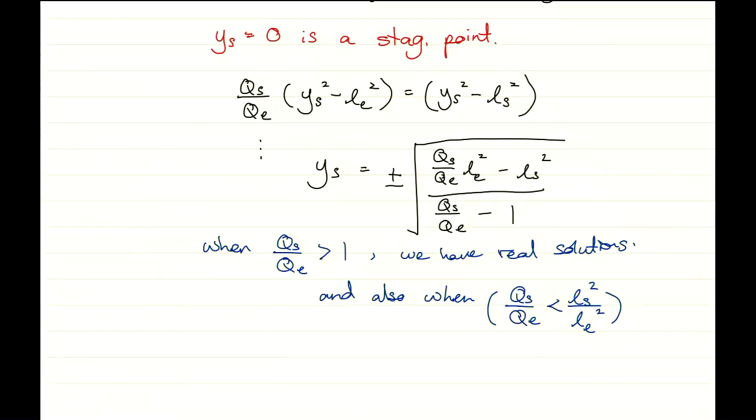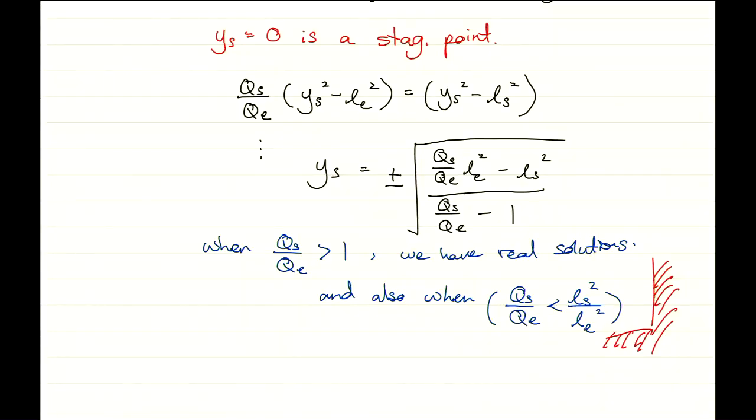So we have real solutions when Qs over Qe is very, very large, or greater than 1, and when Qs over Qe is very, very small, or smaller than this value there. Okay, everyone clear so far?